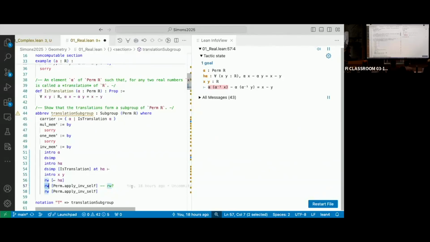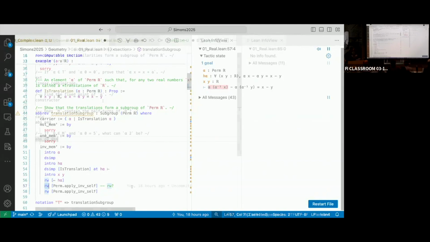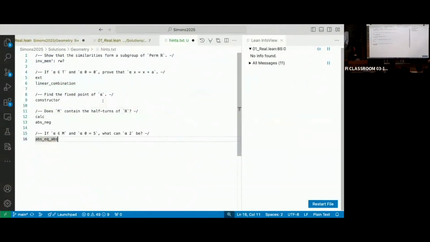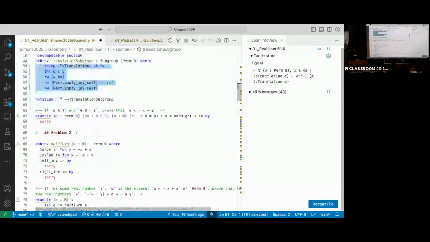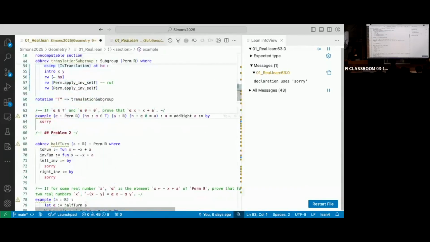Okay, so onward and upward. I'd like to take a moment and demonstrate a couple of the hints for another of my pieces. This linear combination tactic comes up in my solutions for the first time in this one here.